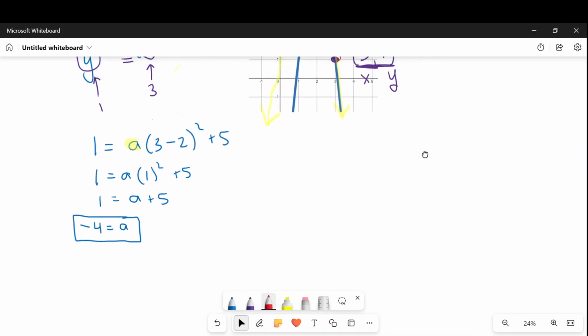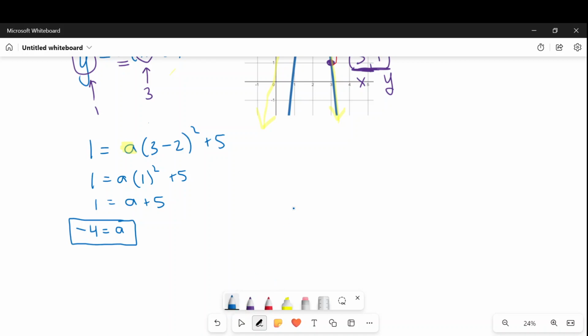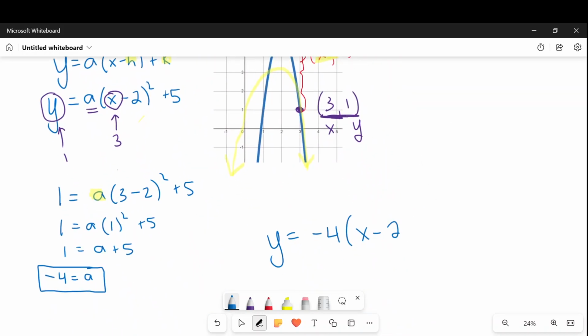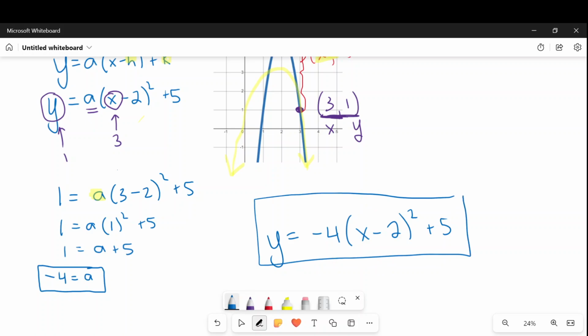So now I know my a value, which means I can write that quadratic relation in vertex form. So a was negative 4. I had a vertex of 2 and positive 5. So that is the equation in vertex form.